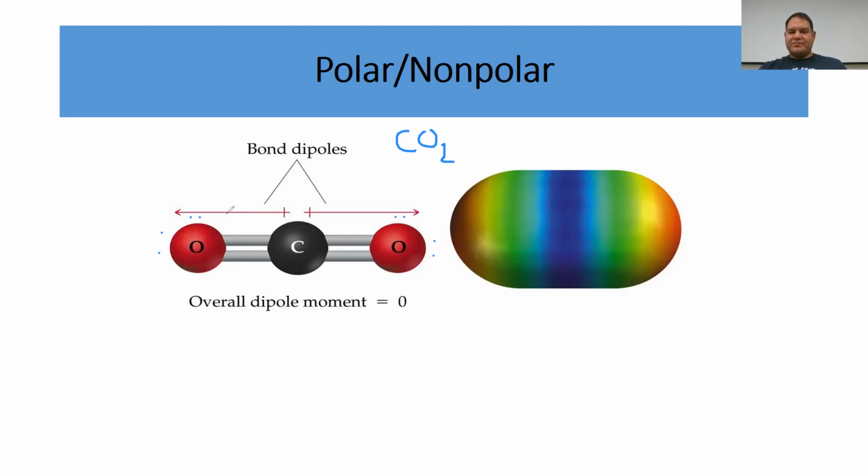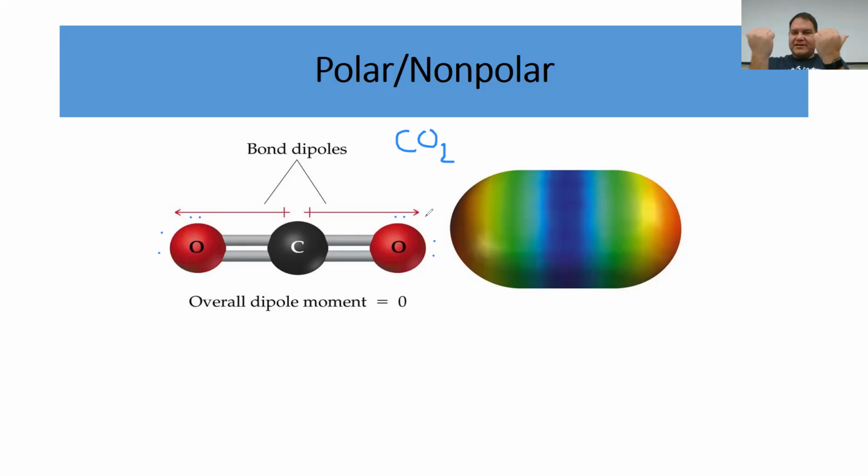If both dipoles have the same magnitude, that means they're pulling with the same force. And they are, because they have the same electronegativity difference between both of these dipoles, okay? But if they're pulling in opposite directions, one going this way and the other going this way, the two dipoles are going to cancel one another out. They're going to offset each other, okay?